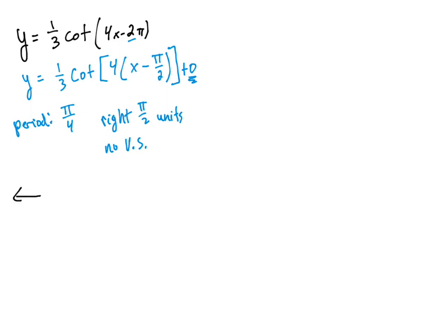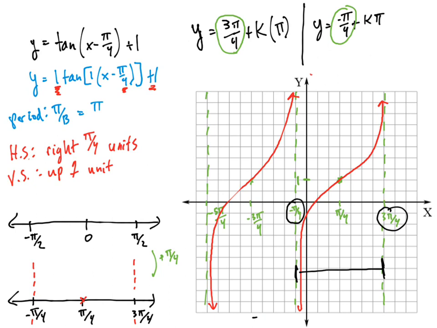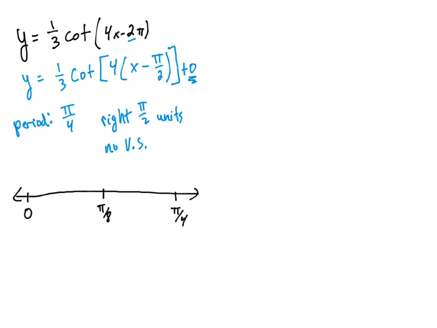So let's consider what the period looks like. Cotangent always begins at 0 and ends at whatever the length of the period is. So pi over 8 is halfway there. I didn't mention this for tangent, but it's the same thing for tangent and cotangent. We don't need to get the quarter points. We don't need to find these values. We only need the beginning, middle, and end for tangent and cotangent.